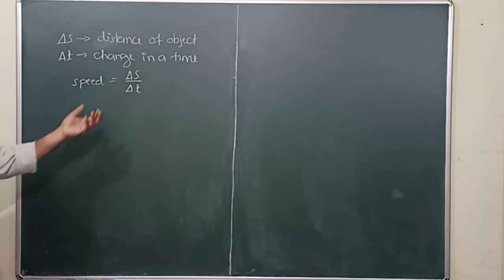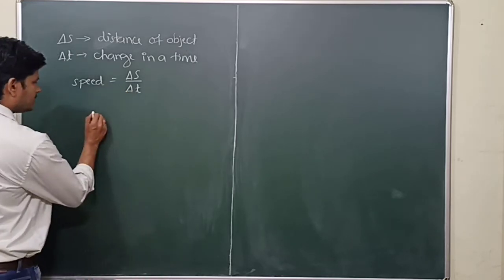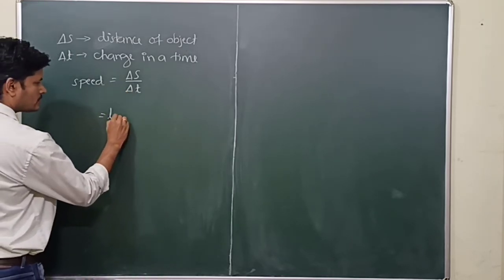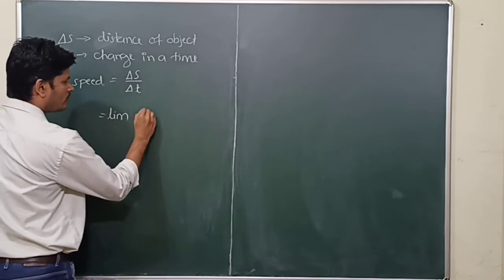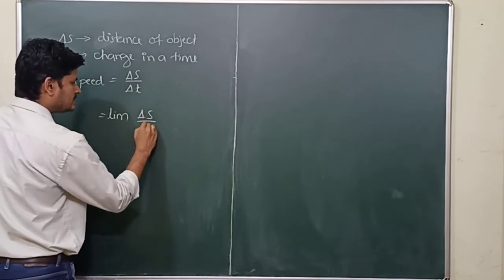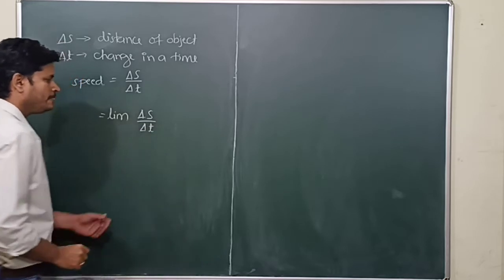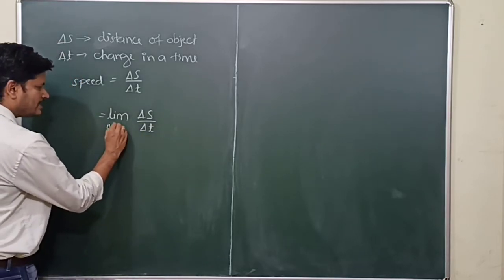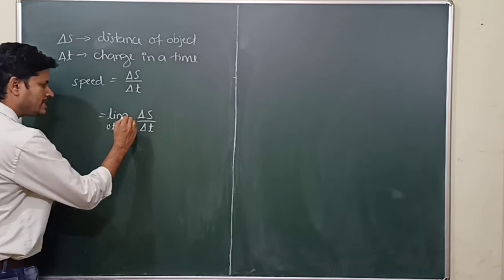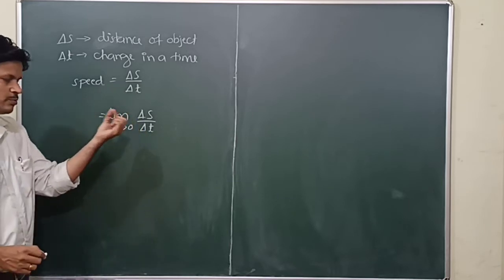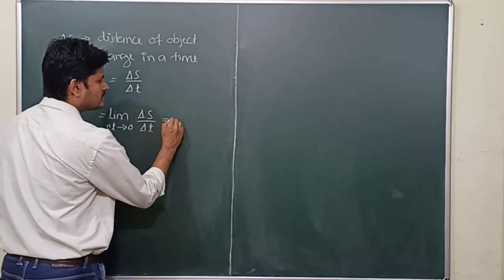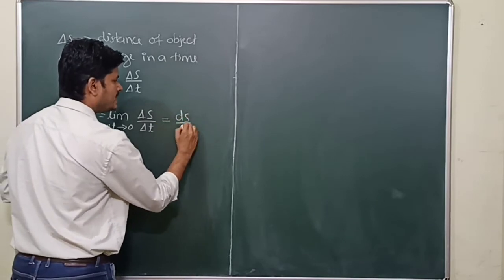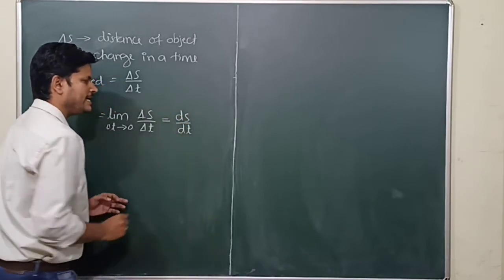If we apply the limit to this equation, limit of delta S divided by delta T, if that change in the time is very small, that is delta T tends to 0, then this gives ds by dt.